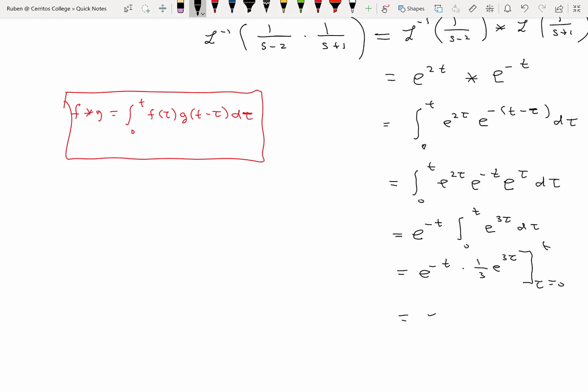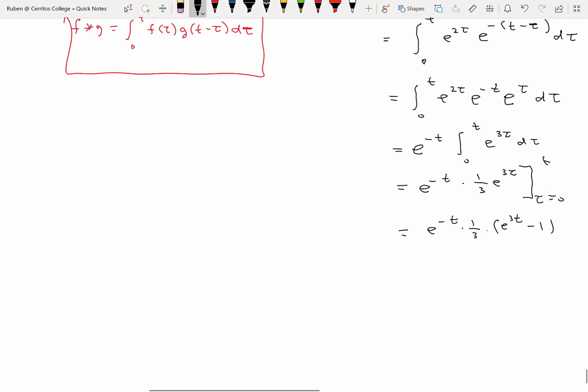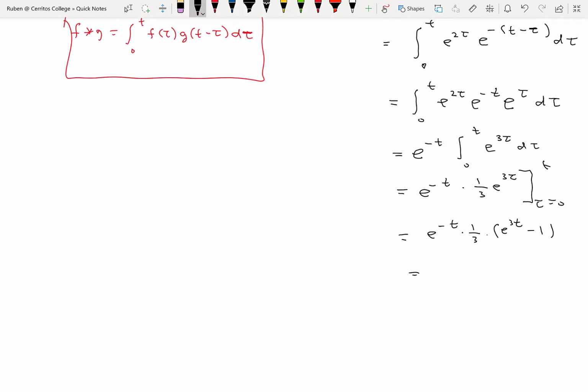We're almost there. This is e to the minus t times 1/3. Substitute the upper limit of integration, e to the 3t. Substitute the lower limit of integration, e to the 0 is 1. And maybe, I don't know, factor out the 1/3.